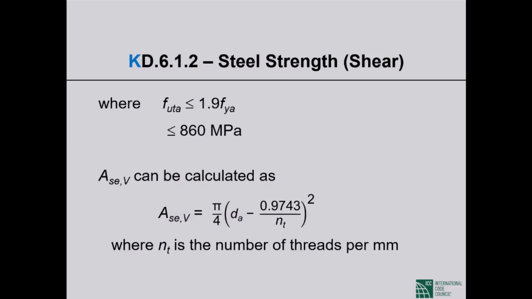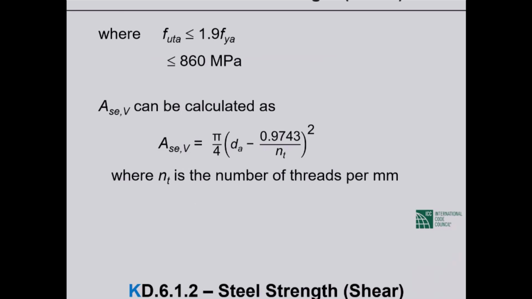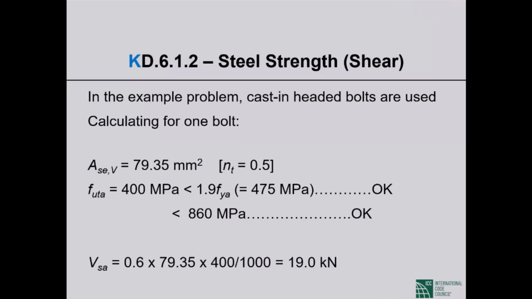The effective area in shear can be calculated from that expression. Your best bet is to get that area from the manufacturer. In the example problem, our effective area is the same as in tension, 79.35 square millimeters.